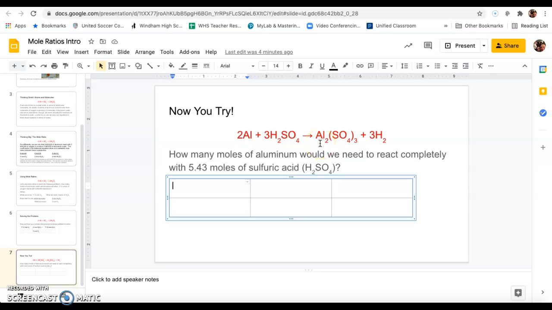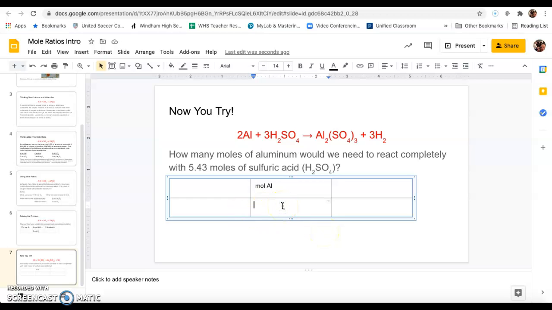We have our balanced equation up at the top of the page, and we're asked about aluminum. So we know that on top here, we're going to want to have the moles of aluminum. And I'm going to back this up so we can put a number in front of this. So we're going to put a number there based on what we see in the balanced equation.